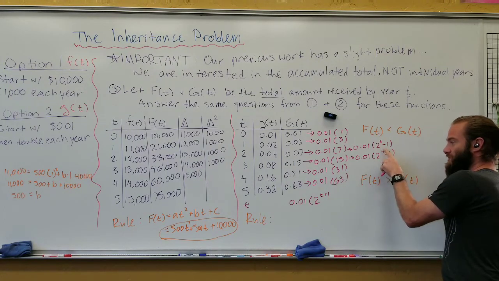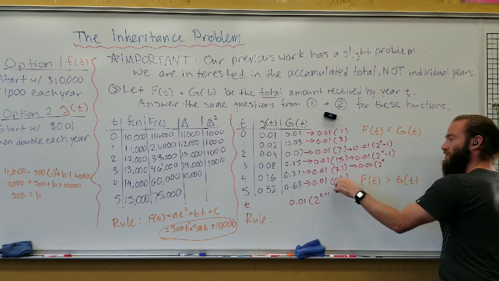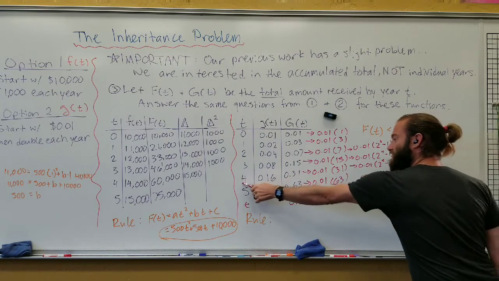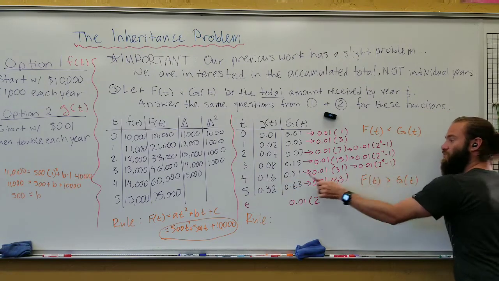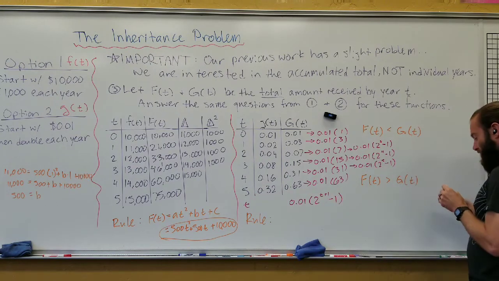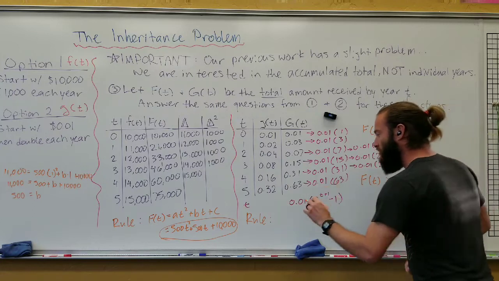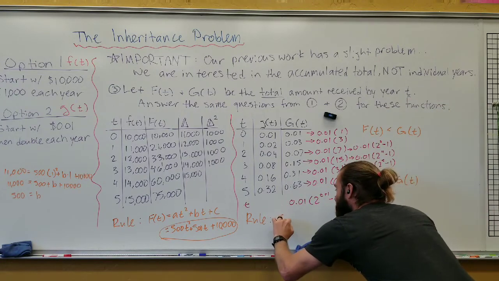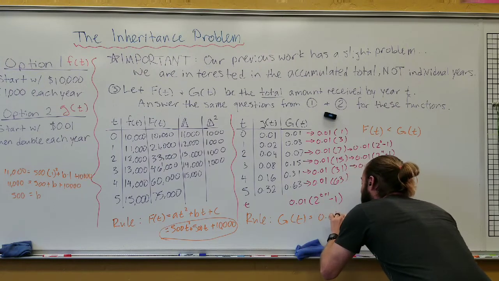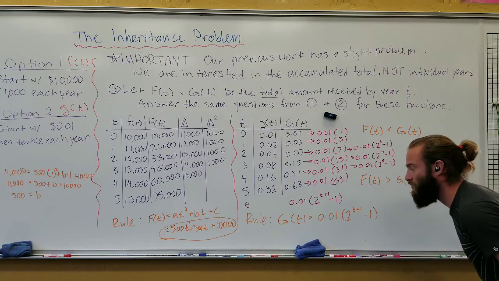And the next one too. 32 is 2 to the fifth, and 31 is 1 less than that, and 5 is 1 more than 4, so t plus 1 minus 1. So I think we found our formula here. It took a little bit of work, but I think we can say that g of t is equal to 0.01 times 2 to the t plus 1, and then all that minus 1.